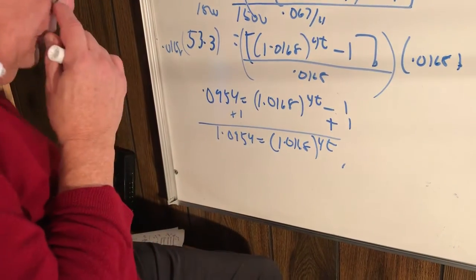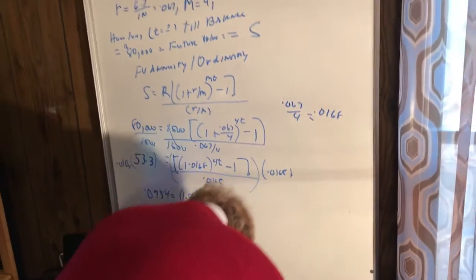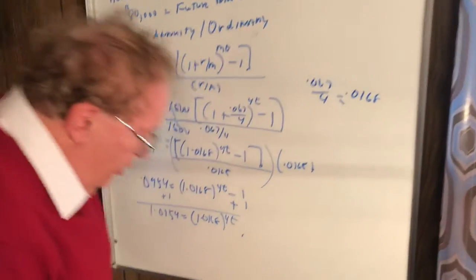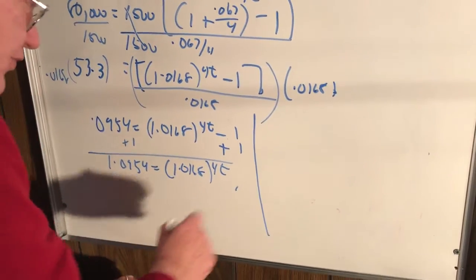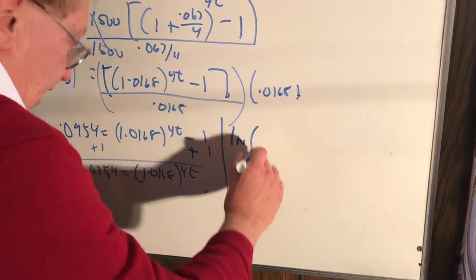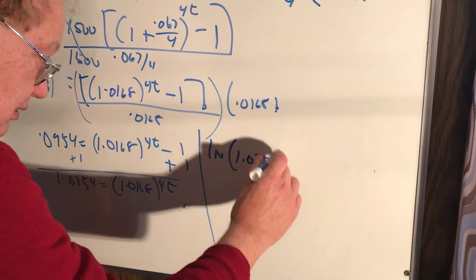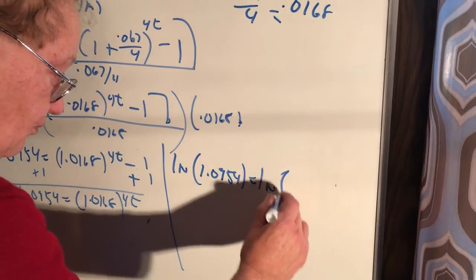Now remember when we talked about logs? When we talked about logs, we use them when the variable we want is in the power. So I'm going to take the log of both sides. I always use the natural log because my calculator cannot take logs except log to the base 10.